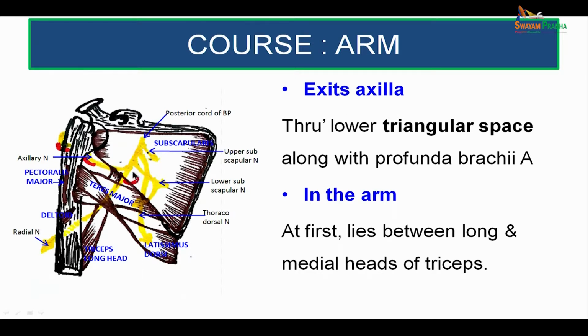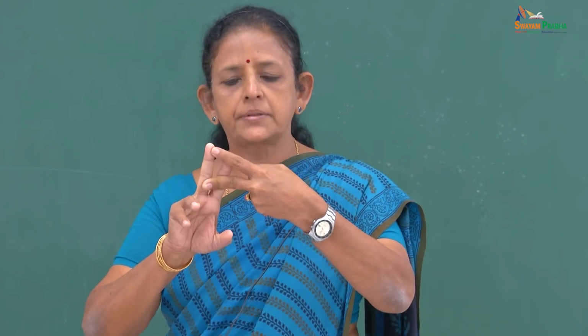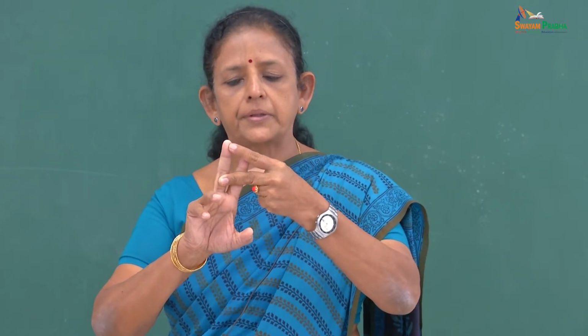What is this triangular space? The muscles of the scapula form potential spaces which are classified as quadrangular space, upper triangular space and lower triangular space.